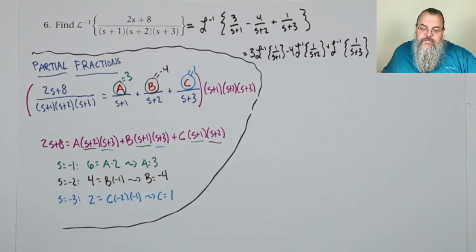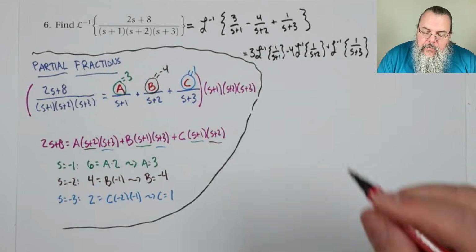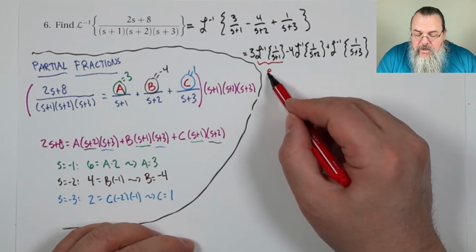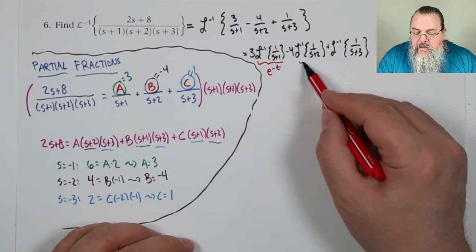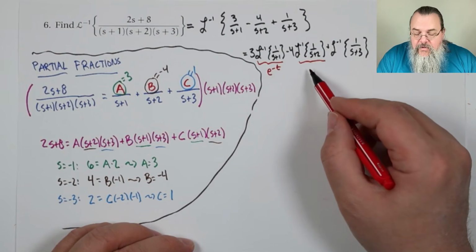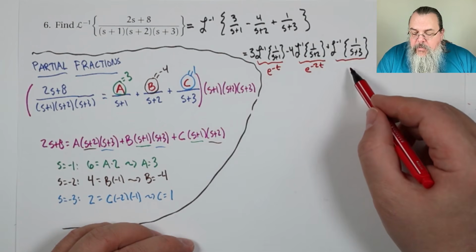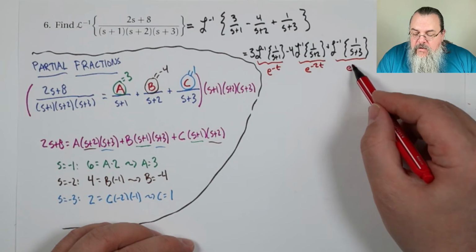So in particular, this first one is s minus minus 1. This will become an e to the minus t. S plus 2, s minus minus 2, e to the minus 2t. S plus 3, s minus minus 3, e to the minus 3t.